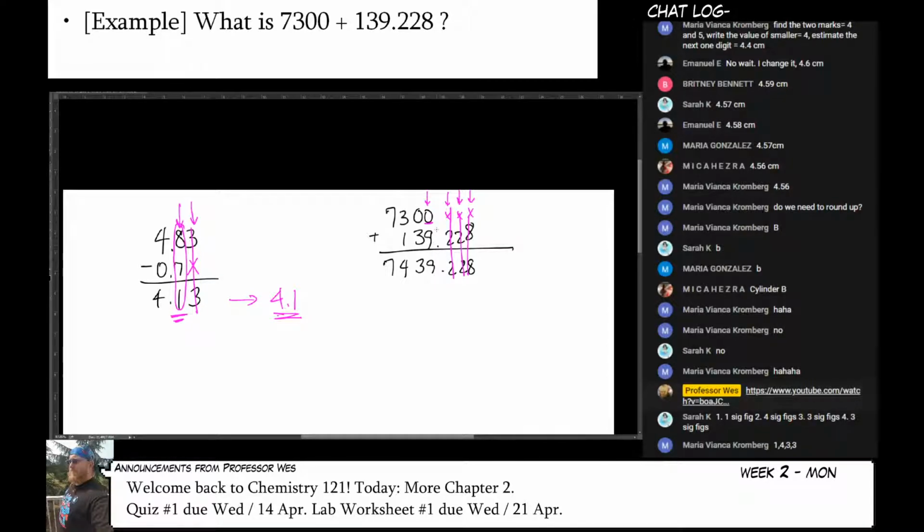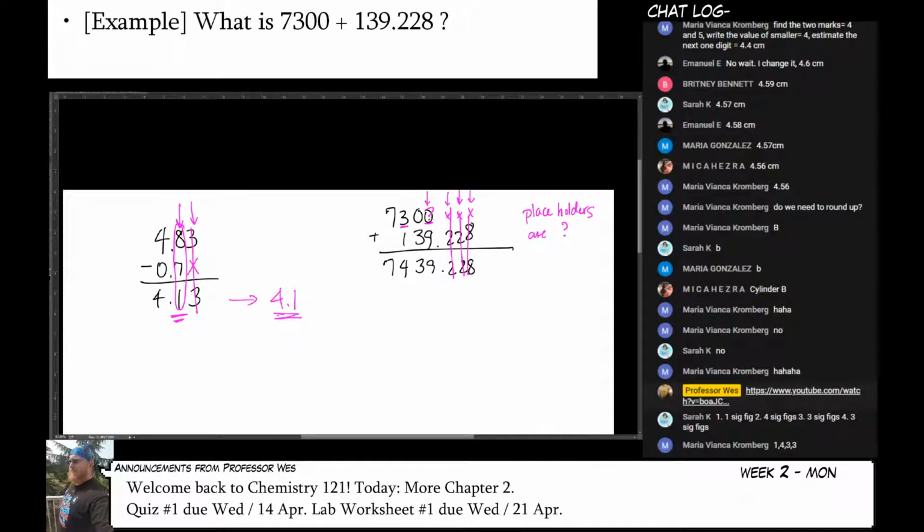If it's a placeholder, then it's effectively a question mark, because that number could be like 7,268, right? But rounded to this spot right here, it would round to 7,300. So this 0 right here is a placeholder.